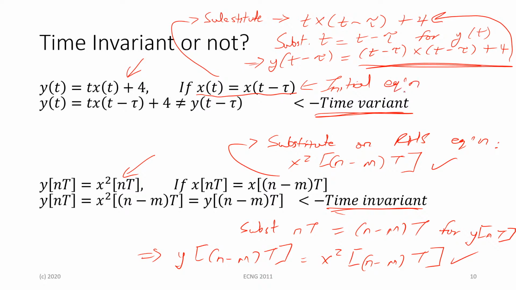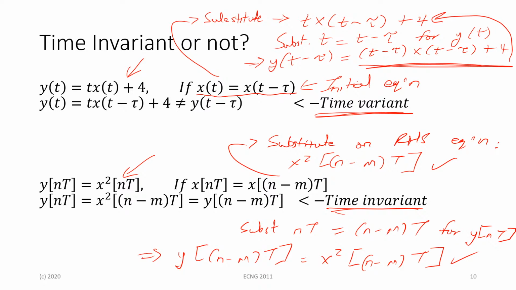So that will be the initial equation. That's what you get when you do the substitution. And then the equation that you need to compare to is when you actually do the substitution for t equal to t minus tau accordingly. If you get the same equations, you prove that your system is time invariant.